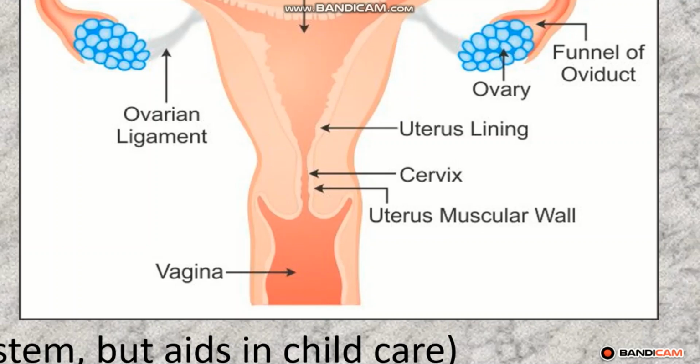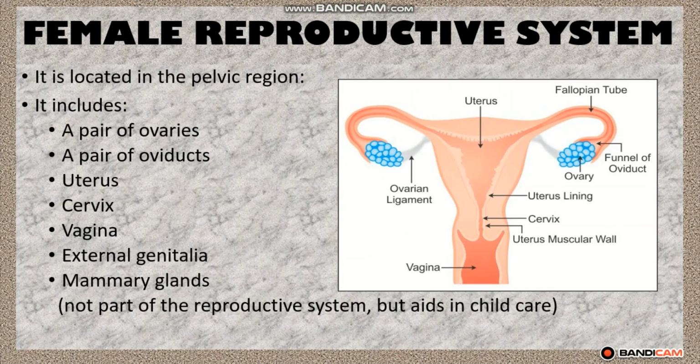After it, over the labia majora, there is another part known as the labia minora. The labia minora is a fold of skin beneath the labia majora.